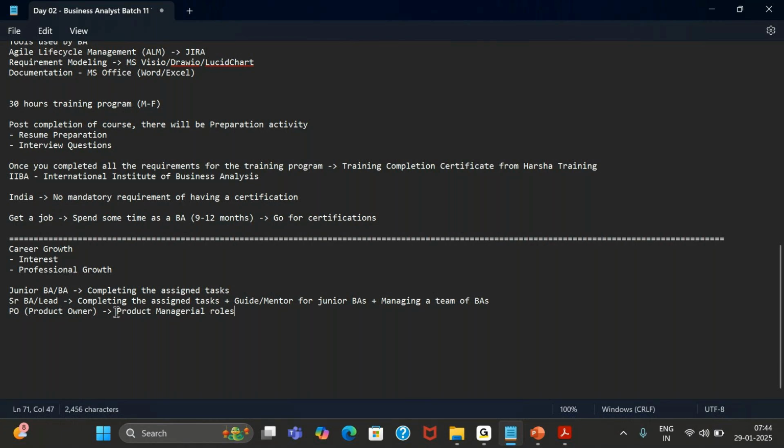Whether you are a developer, QA, or a BA, eventually everyone goes up the pyramid, and at the top are leadership level roles. But the roles where you will be focusing predominantly on business analysis are up to these points.